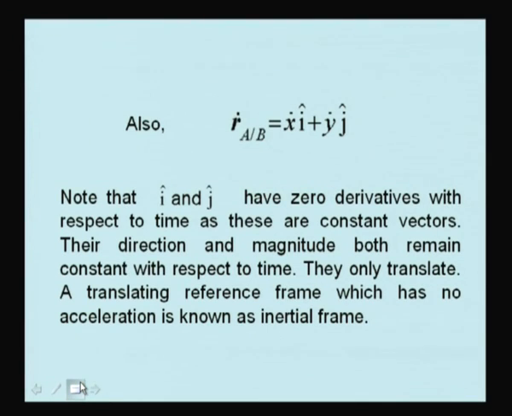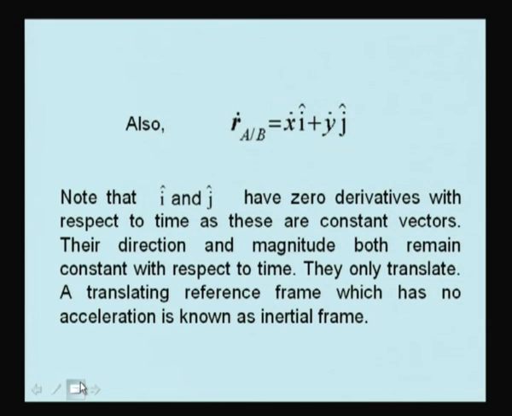Also, in component form, we know r dot A/B, which is the velocity of A with respect to the moving reference frame, can be written as x dot i plus y dot j. Note that i and j have zero derivatives with respect to time, as these are constant vectors. In translatory motion, i and j do not change with time. Their direction and magnitude both remain constant.